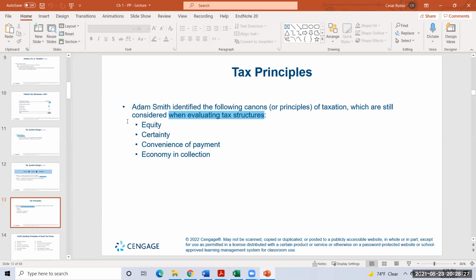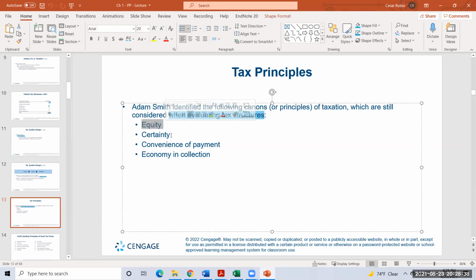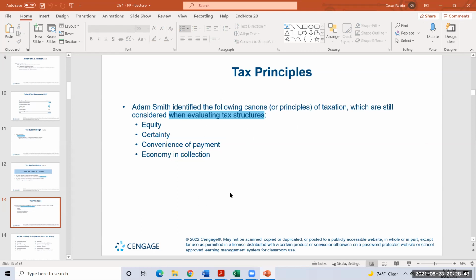So it's either going to have equity consideration, where we want to make sure that everybody's equal, or certainty, and I want you to focus on that. Kind of read on these considerations. So pay attention to the tax principles.